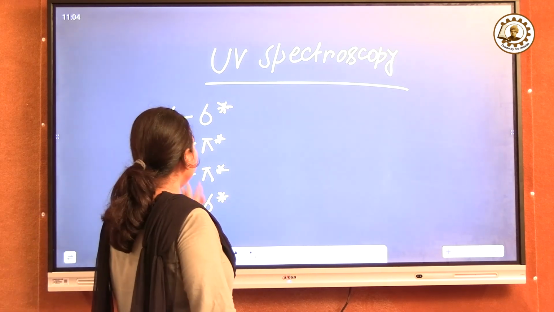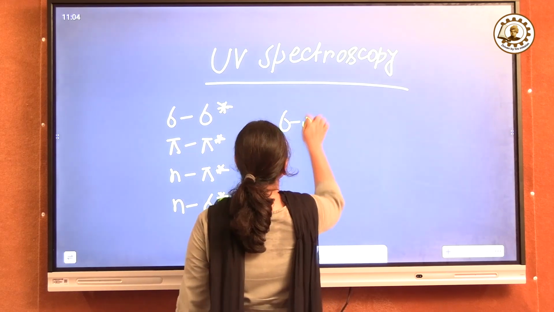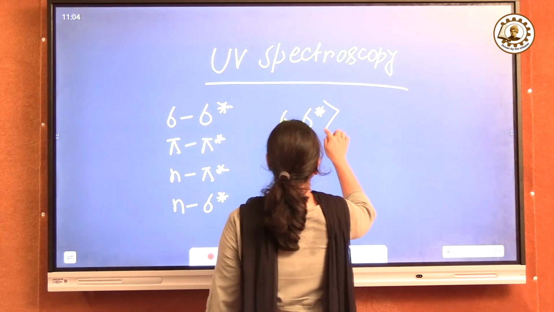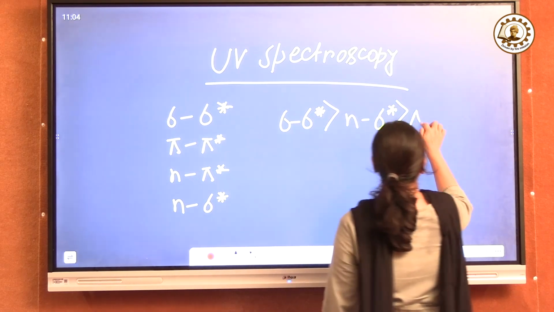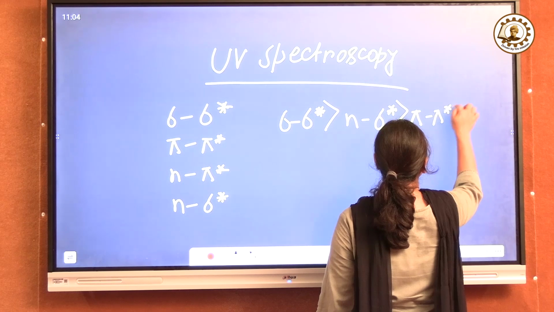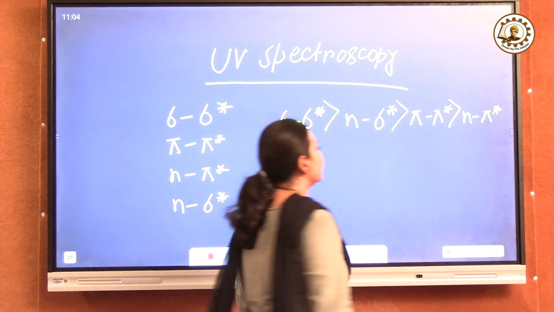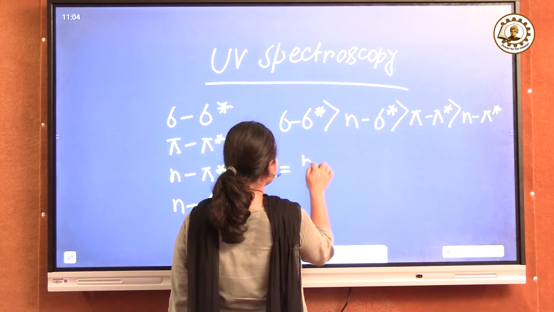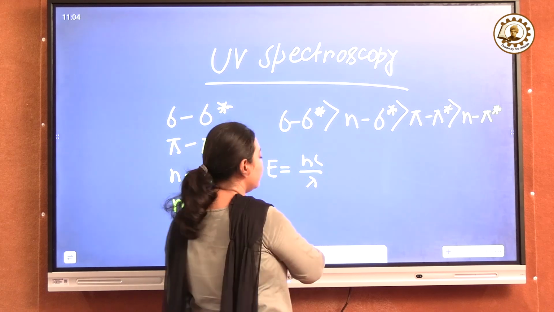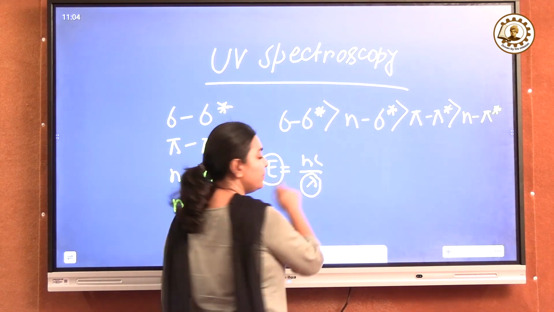Now, if we write the energy order, sigma to sigma star requires the most amount of energy, then n to sigma star, then pi to pi star, and lastly n to pi star. Okay. Now, as we know that energy equals hc by lambda, that means energy is inversely proportional to the wavelength.